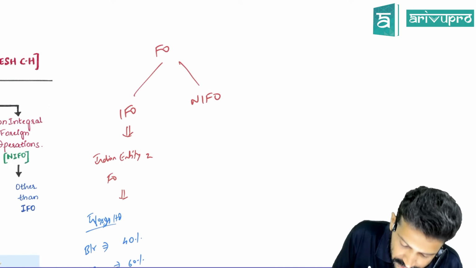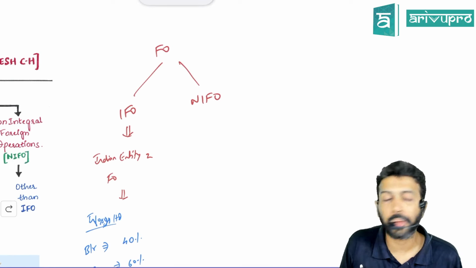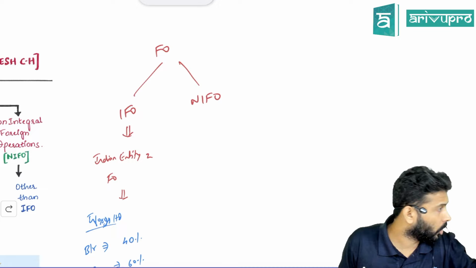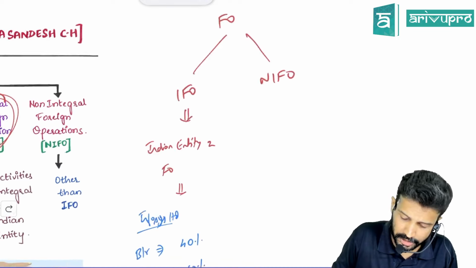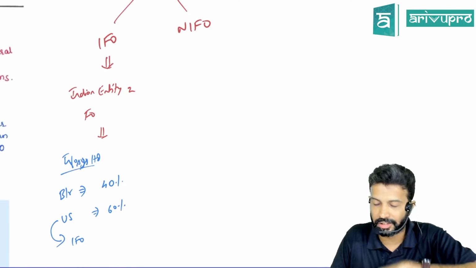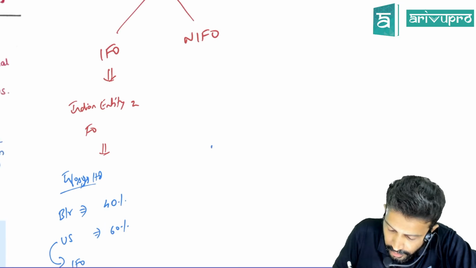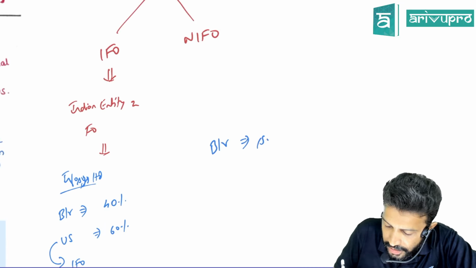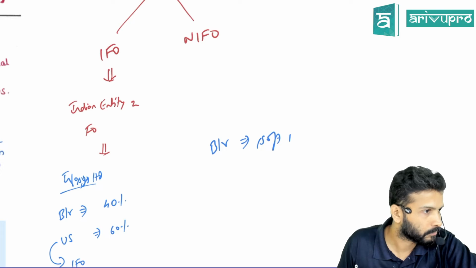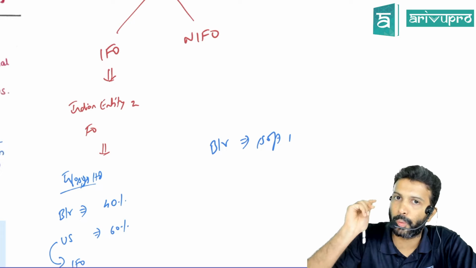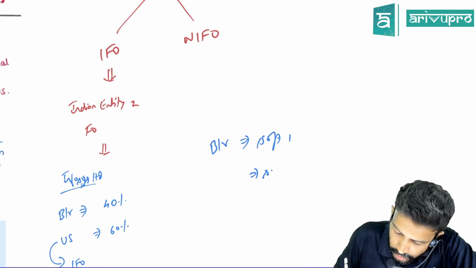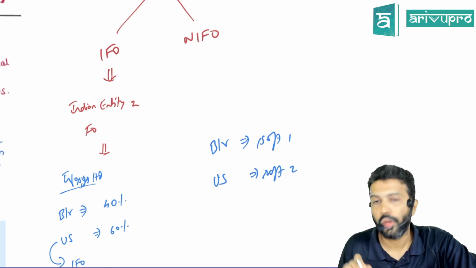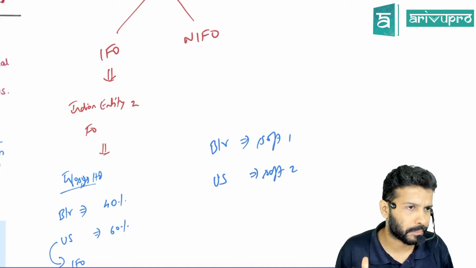Something which is not an integral foreign operation automatically becomes a non-integral foreign operation. Continuing with the same example, the same company Infosys: the Bengaluru division is developing software 1, and another software, number 2, is developed by the US, a completely different software.